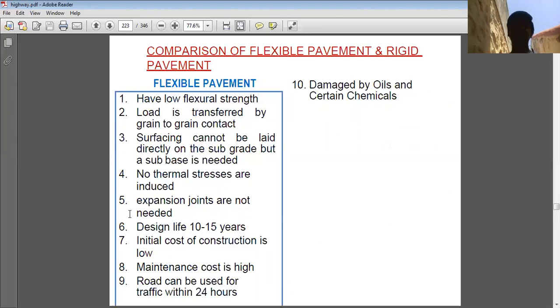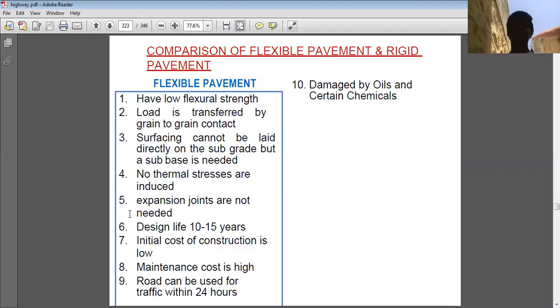Comparison between flexible pavement and rigid pavement. Flexible pavement has low flexural strength, lower compared to rigid pavement. Load is transferred by grain to grain contact. Surfacing cannot be laid directly on the subgrade, but a subbase is needed.